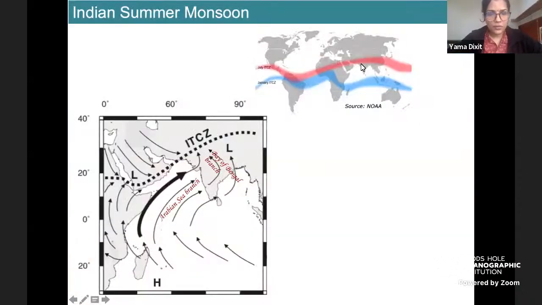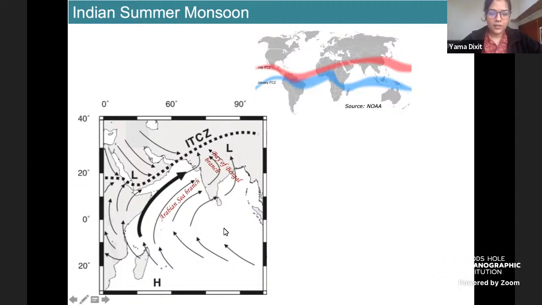I won't talk much about the monsoon, since this is a monsoon series where people have been listening about how the monsoon works: the seasonal migration of the intertropical convergence zone, which during the summers is at its northernmost latitudinal position, and the energy transport that brings rainfall to the Indian subcontinent.